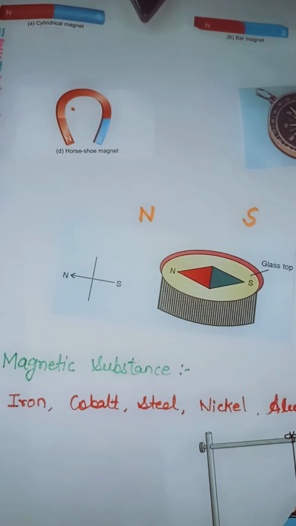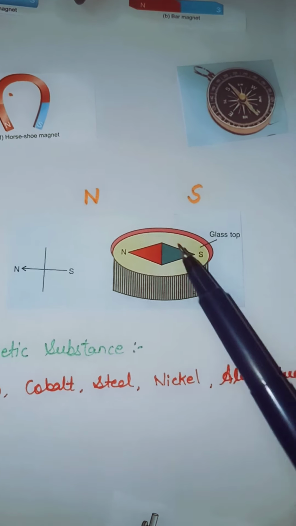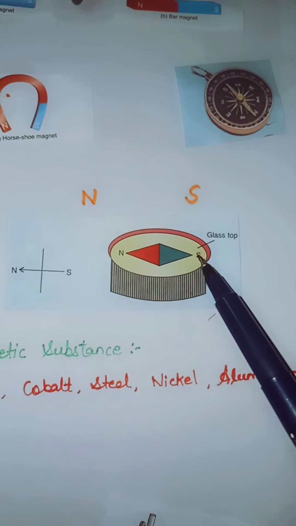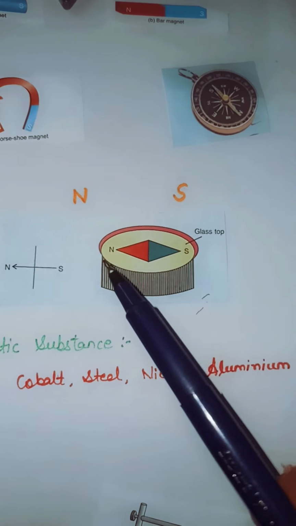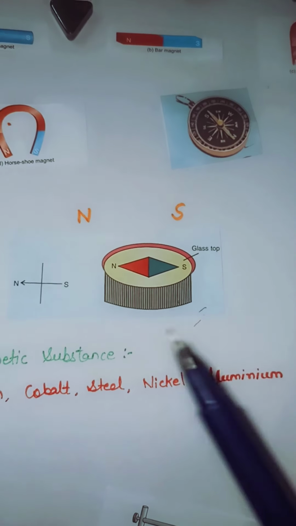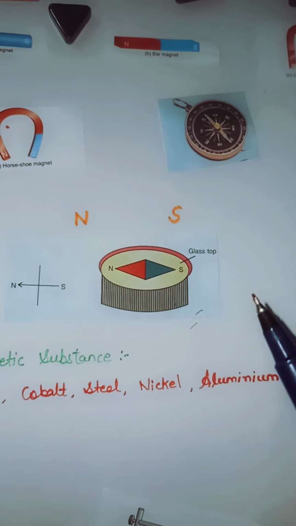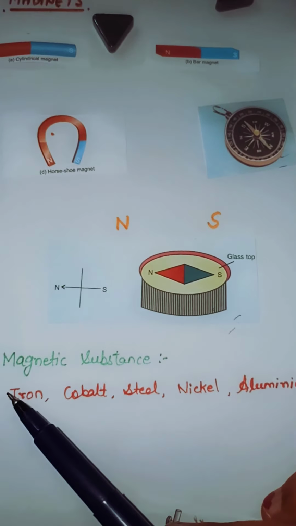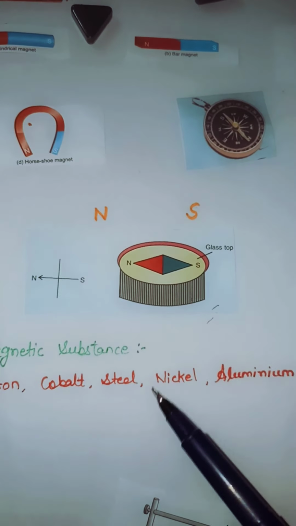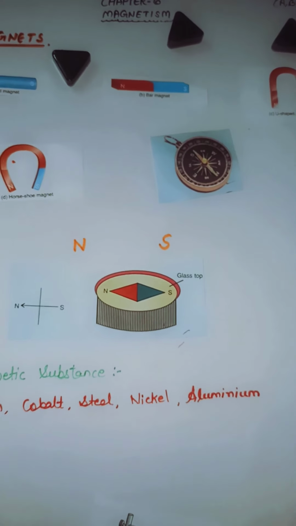Here we can again see the direction of this compass, north and south, it always rests in this position. Now today we will see different substances and whether they have magnetic property or non-magnetic property. So let us get started.